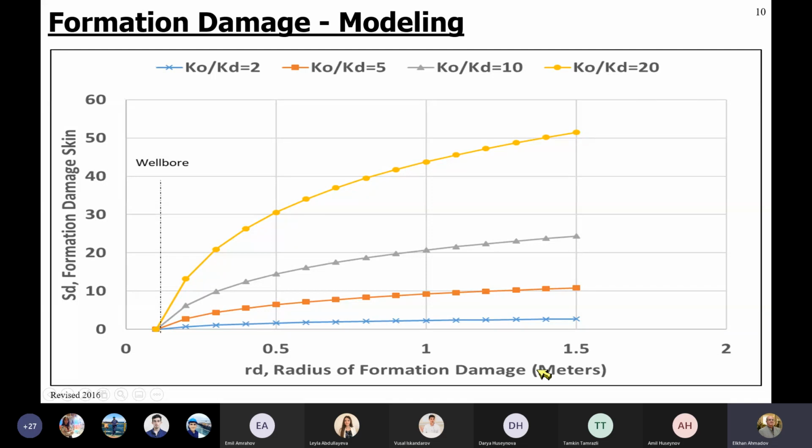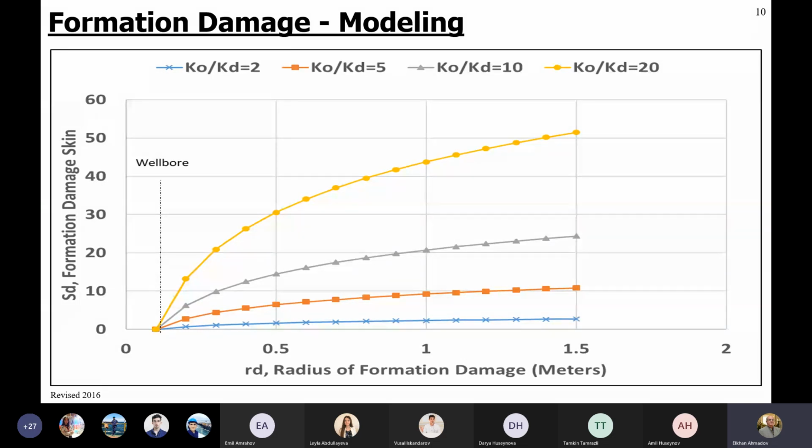For the lower ratio of damage, the skin value, even at the further radius, at the longer radius, stays lower.